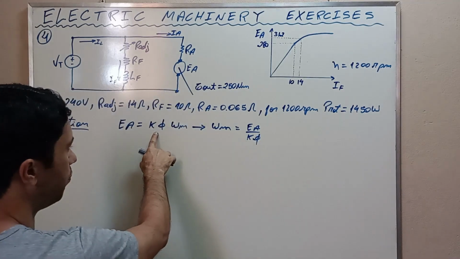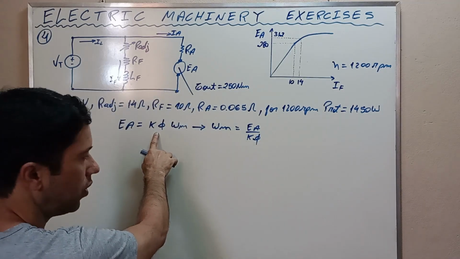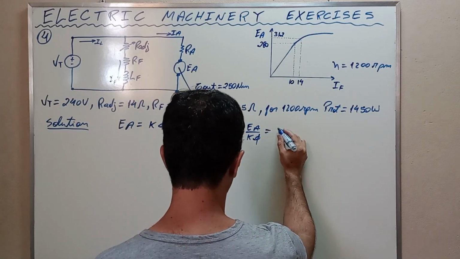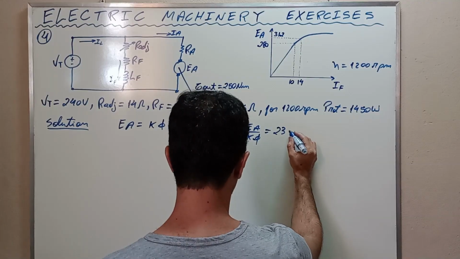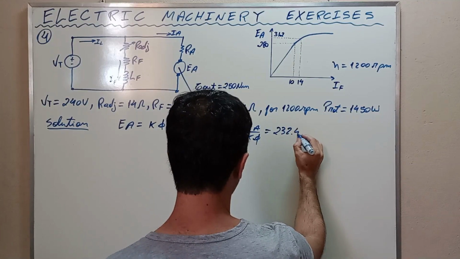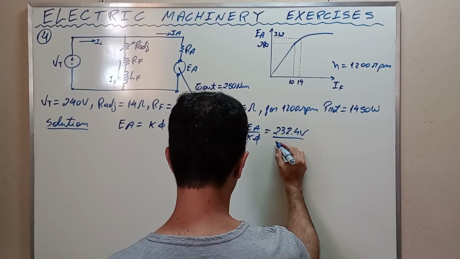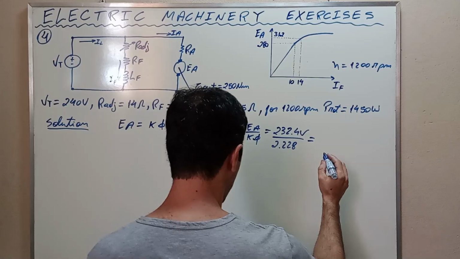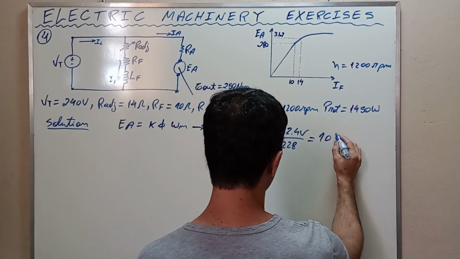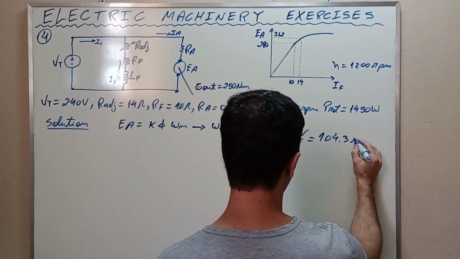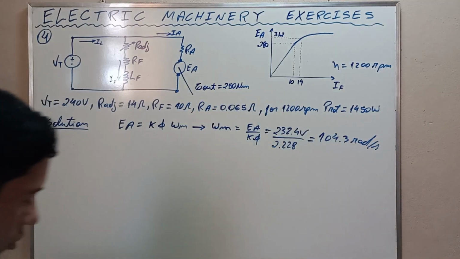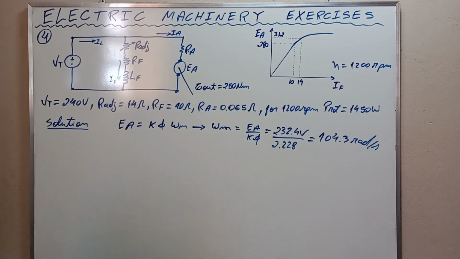This constant is important, that's why we calculated it first, and this is equal to 232.4 volts divided by 2.228, and this is equal to 104.3 radians per second.